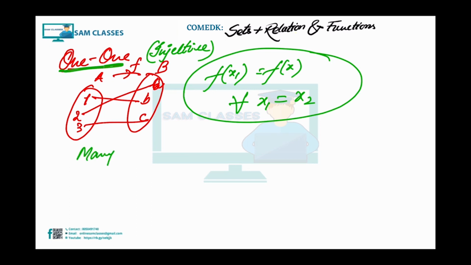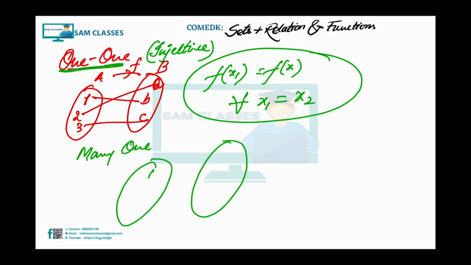Now, what about many-one? The opposite of this. What do you mean by many-one, student? More than one value of A is related to one value of B. Let's say 1, 2, 3 are all related to a single value. So this is many-one. Many means more than one, and one here is related to them.